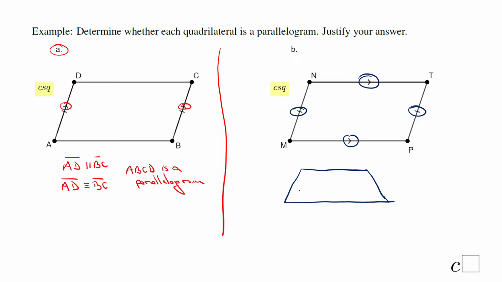This is an isosceles trapezoid. These two sides are congruent and these two sides are parallel, and this is not a parallelogram. So this is a counterexample, if you want to call it like that. So in this case, we cannot say that MNTP is a parallelogram.